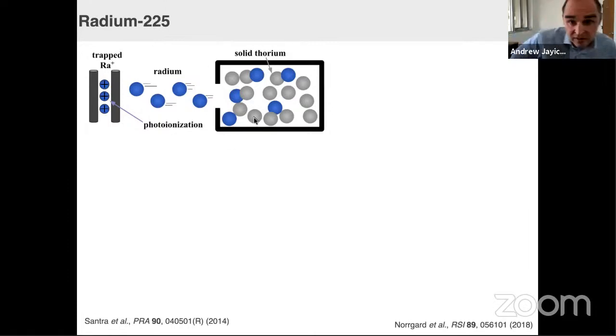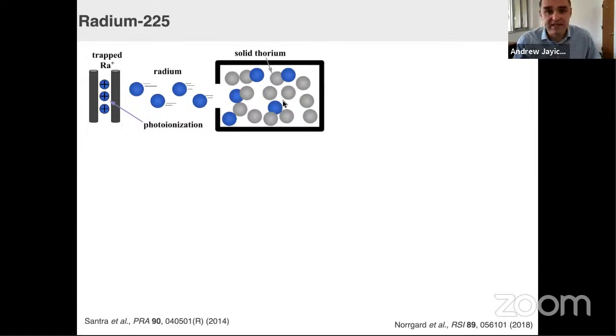So what's the advantage here? Well, the thorium is radioactive, so it's continuously producing radium atoms, okay? They're continuously getting filled up in this oven. And when you heat this oven up, the thorium just stays behind and the radium trickles out, okay? Why does the thorium stay behind? Well, its vapor pressure is some trillion times lower than radium.